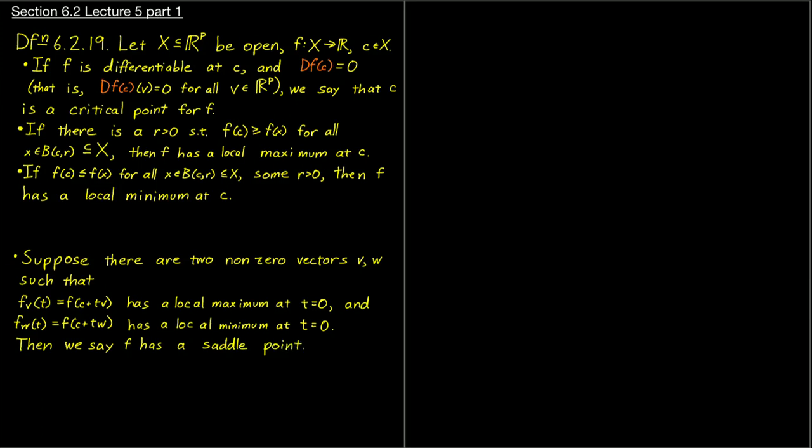I have tried and failed to draw what a saddle point looks like, but I have a physical model of one in my office, so remind me to bring this to class next time. So what do we expect to be true at a critical point? Let's recall what happens in one dimension.